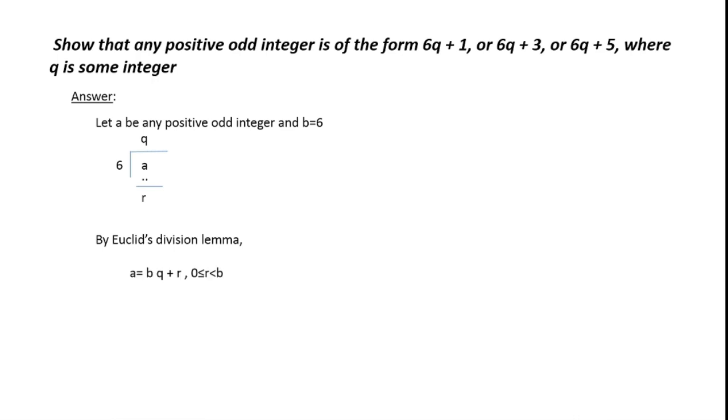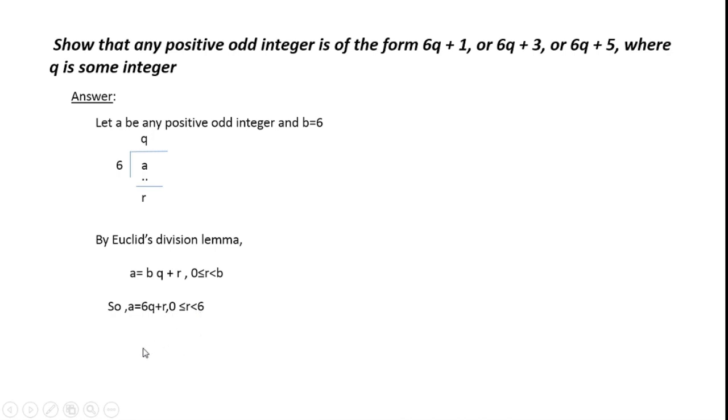By Euclid division lemma, what can we write? a equals bq plus r, where 0 less than or equal to r less than b. So here a equals 6q plus r, where 6 is the divisor, and 0 less than or equal to r less than 6.